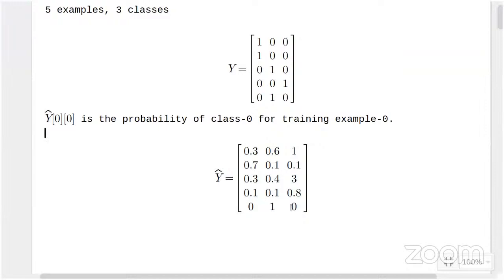For inference, we'll do argmax across the columns, that is, along axis equal to 1.